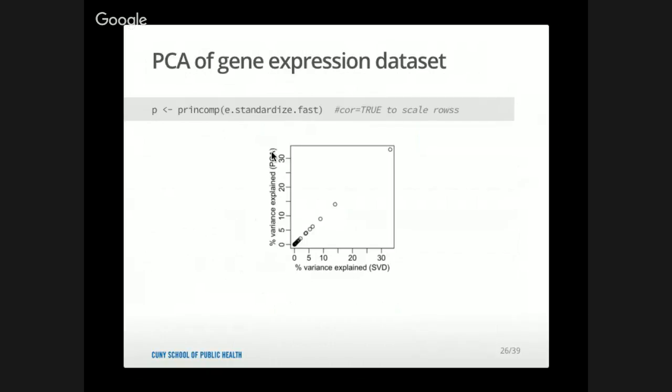I just show this by plotting the eigenvalues from each of them. They're the same. And I'll tell you in a little bit why I'm calling this percent variance explained, but that is the way that the eigenvalues are often described in an intuitive way.